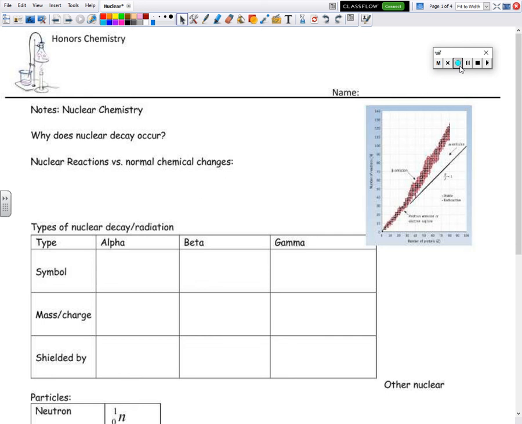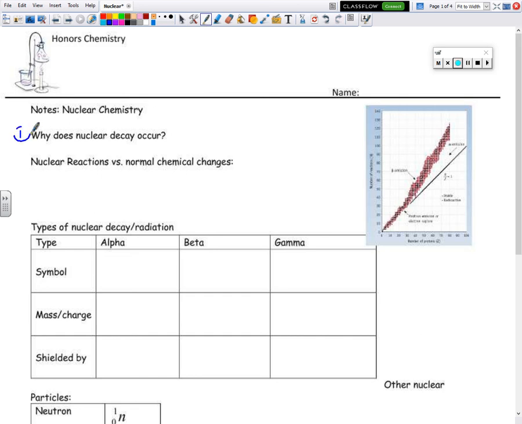So what I want to start with is the differences between real chemistry and nuclear chemistry. What's the difference between a nuclear reaction and a normal chemical change? So why does nuclear decay occur? First of all, nuclear decay occurs when an isotope is too heavy.